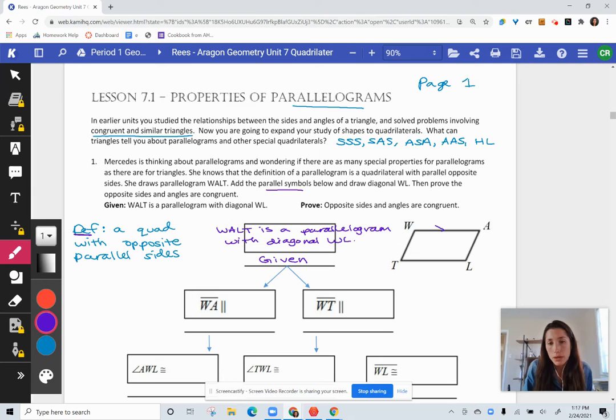So add our parallel symbol, WA. And we know that that line WA is going to be parallel to side TL. I'm going to put my parallel symbols here, TL. So those two sides are parallel. We also know that side WT is going to be parallel to AL.